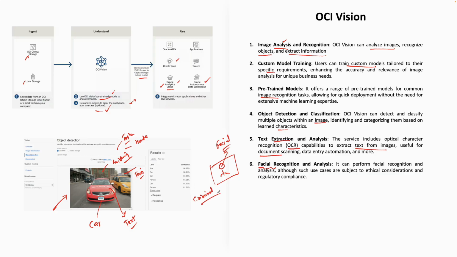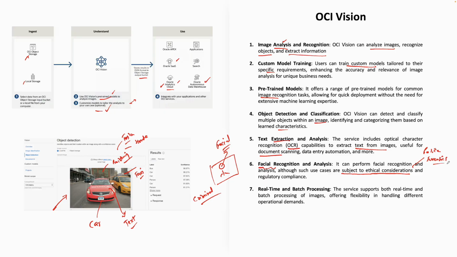It's not a normal use case; it's something police or forensics would use. You can perform facial recognition analysis, although such use cases are subject to ethical considerations. It's not something we would use in day-to-day life, and there is regulatory compliance as well.